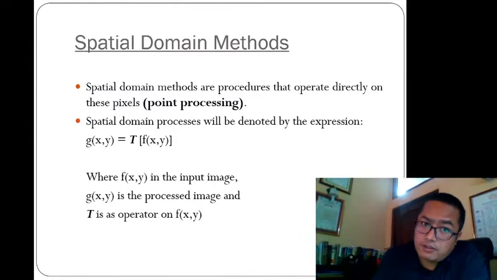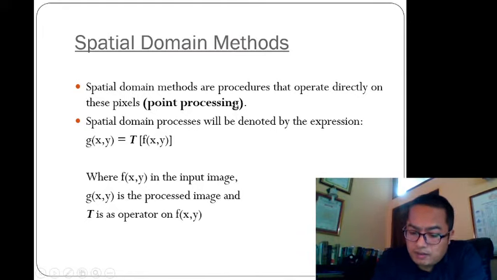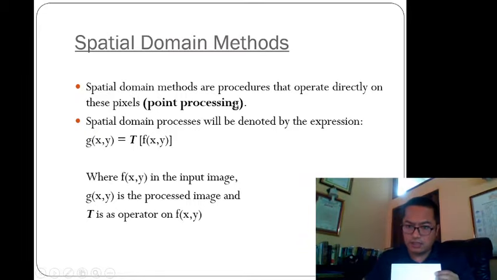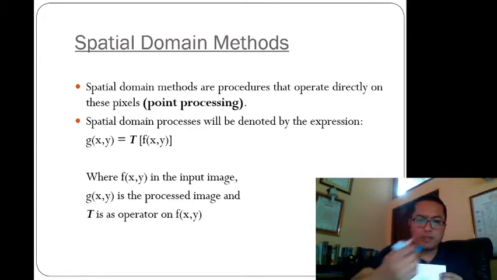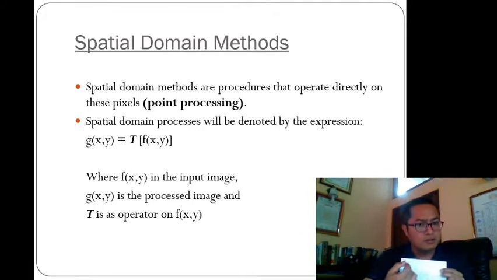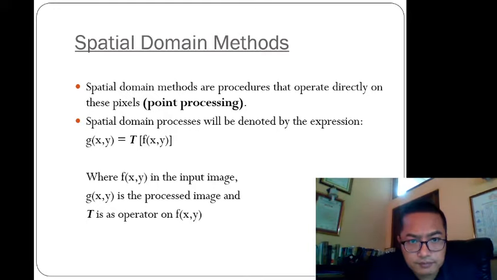The first one is called point processing, where we process each pixel one at a time. If there is an input image, and we process one pixel and take out a corresponding output, we process another pixel, we take out a corresponding output. When you process it pixel by pixel, it is called point processing.